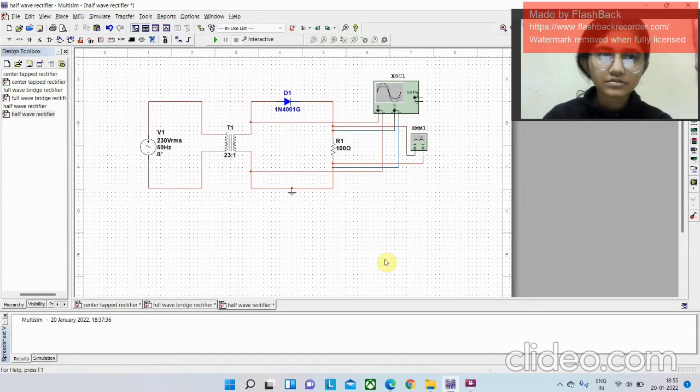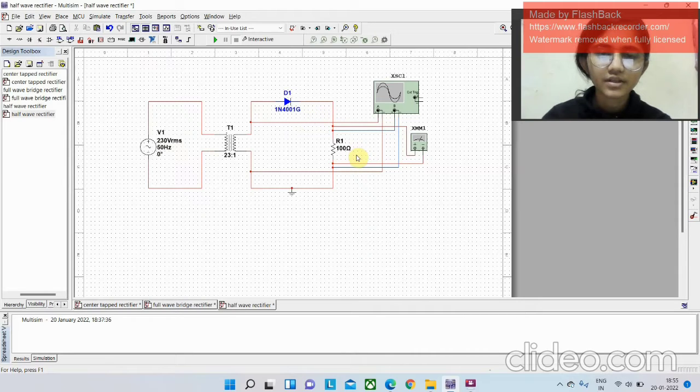Now, in Multisim, I have taken an AC voltage which is providing the voltage in RMS value. I have taken a step down transformer and I have connected it to a diode.